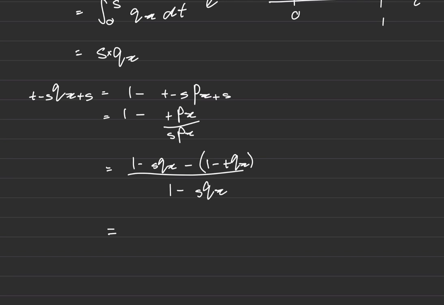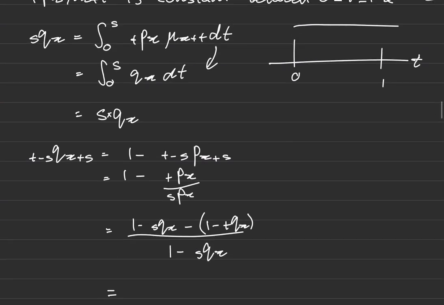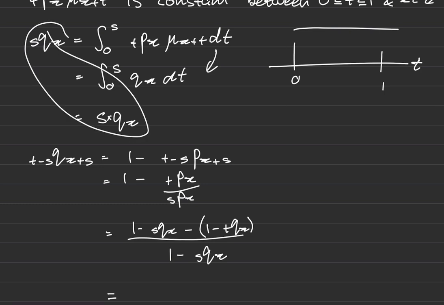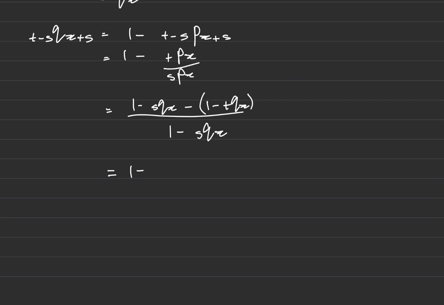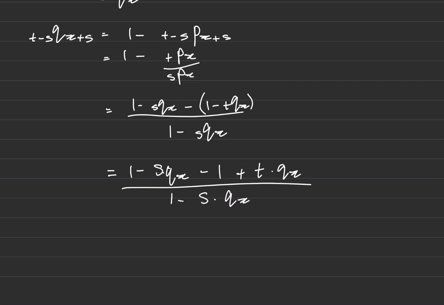So why have I done this? Why have I converted back now? I've converted back now because this formula holds, where I can take this s out of this subscript here and multiply it by this whole year probability. So I then have 1 minus sqx minus 1 plus t times by qx, and this is divided by 1 minus s times by qx.